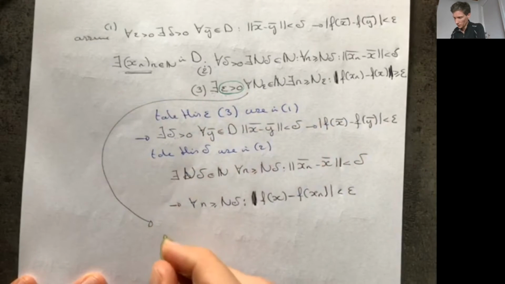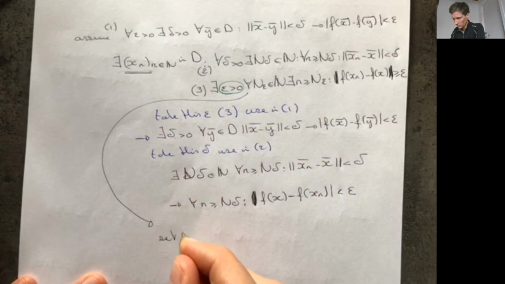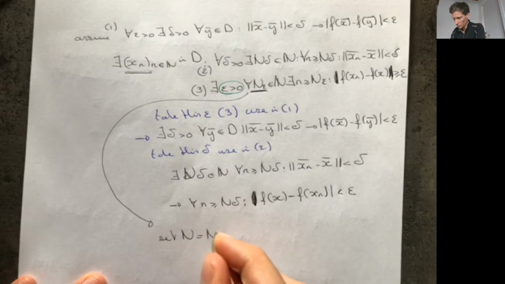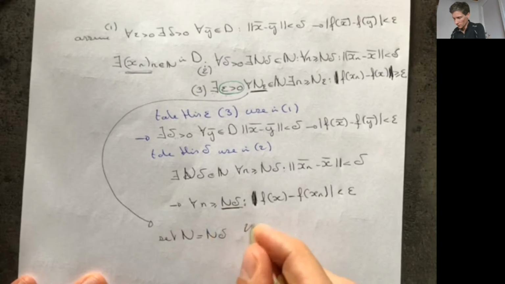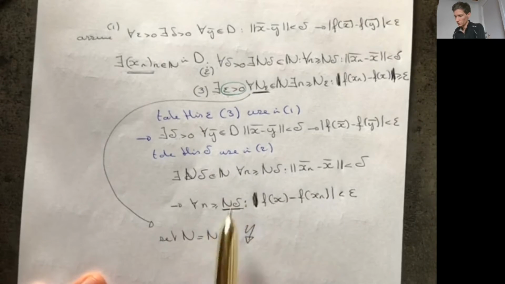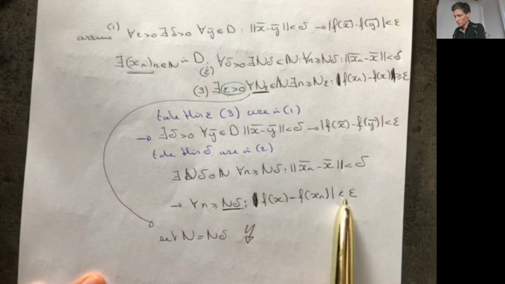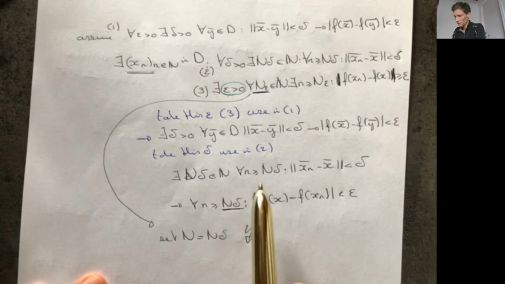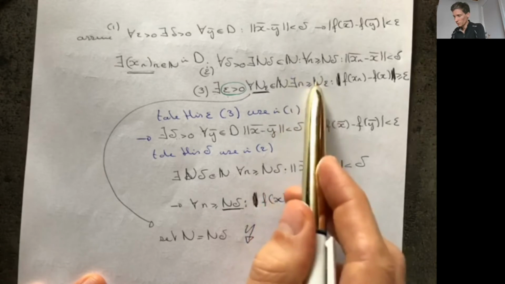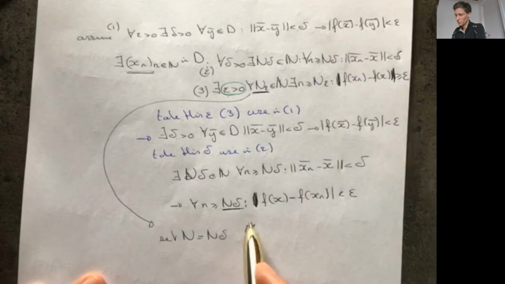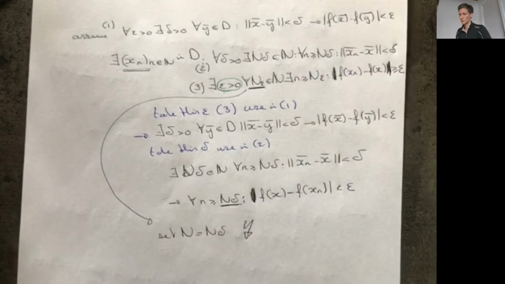So if we set n_epsilon to be equal to this n_delta here, then we have our contradiction, right? This says that for anything that is beyond, this difference has to be smaller than epsilon, and this says that there always exists something beyond this number such that this distance is greater or equal to this epsilon. So these two things give a contradiction.